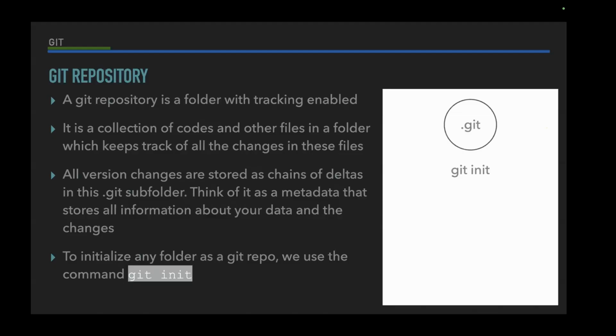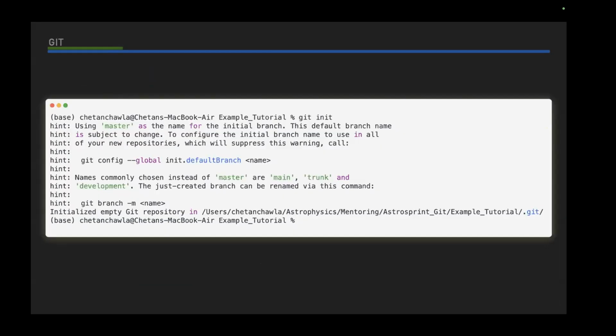Okay, so this is the first part where we are telling that I need to enable tracking on this folder, which I have done using git init. Then moving on, I have an example over here. I'm in a folder called example tutorial. I have not initialized Git yet, but as I write the command git init on my terminal, it throws up a bunch of hints.